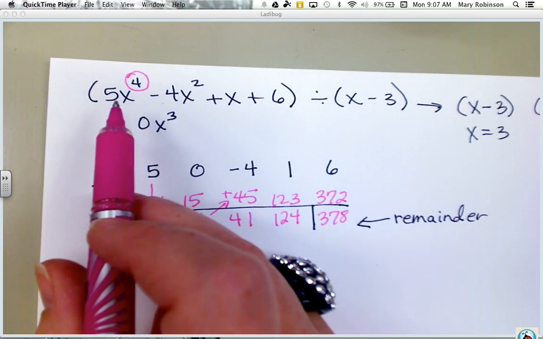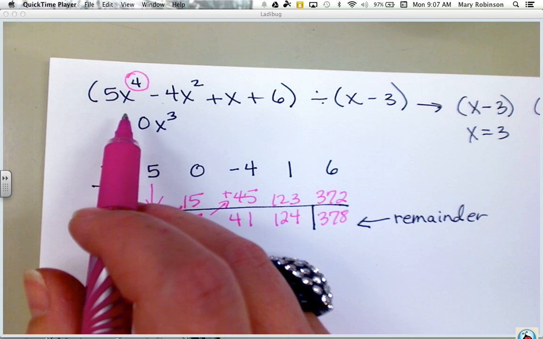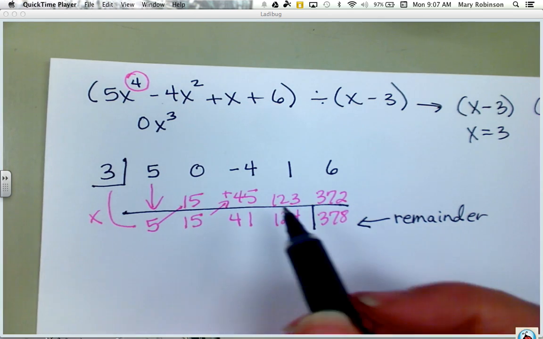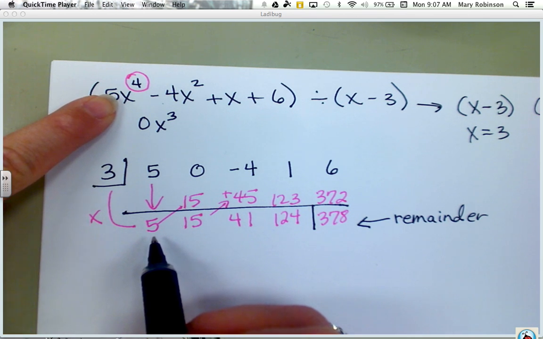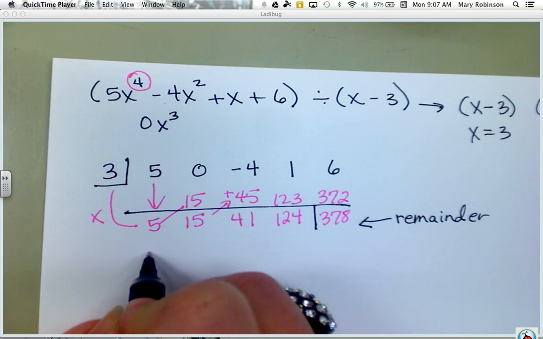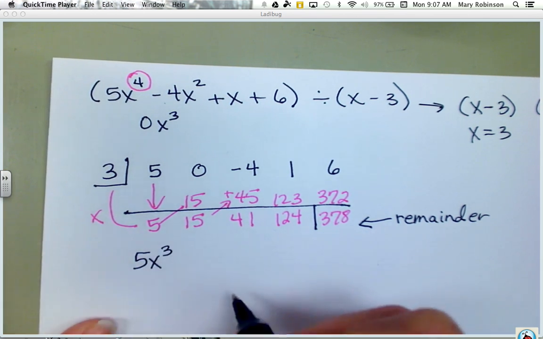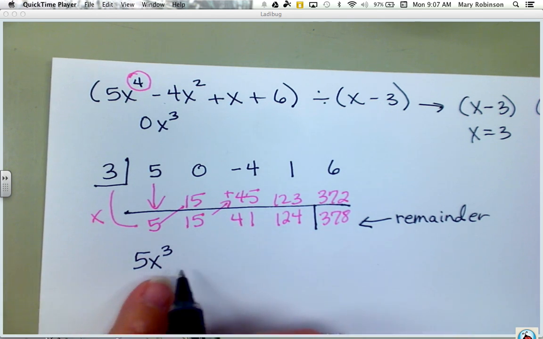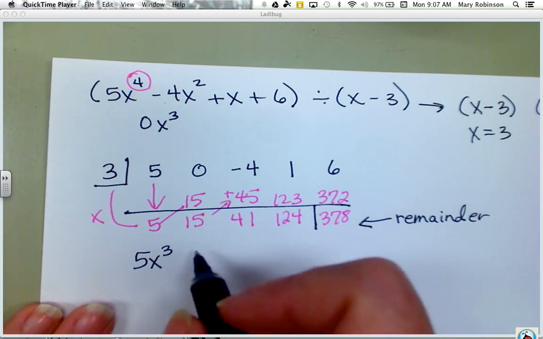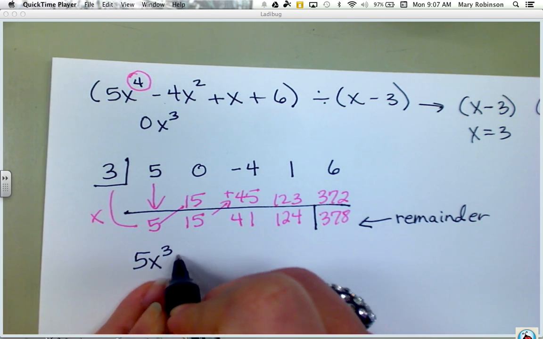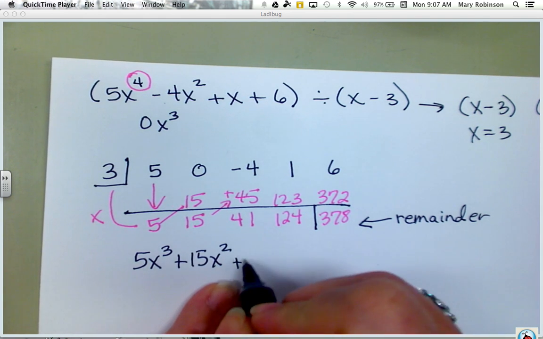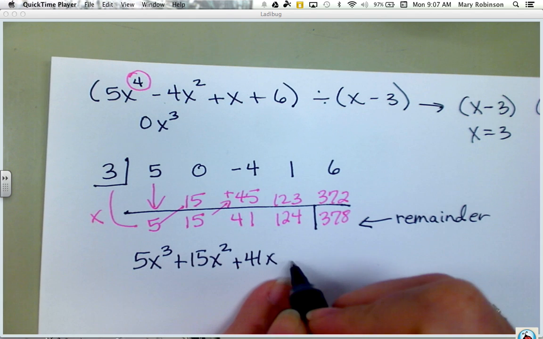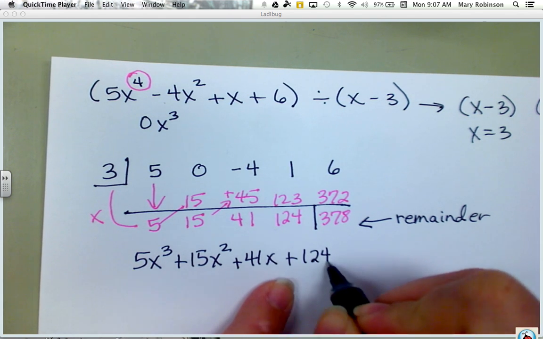So if we start off with x to the 4th, then in our answer, this now becomes the coefficient of a term that's 1 degree lower. So this will be 5x cubed. And then we continue to write our terms in descending order. So we'll have 5x cubed plus 15x squared plus 41x plus our constant 124.